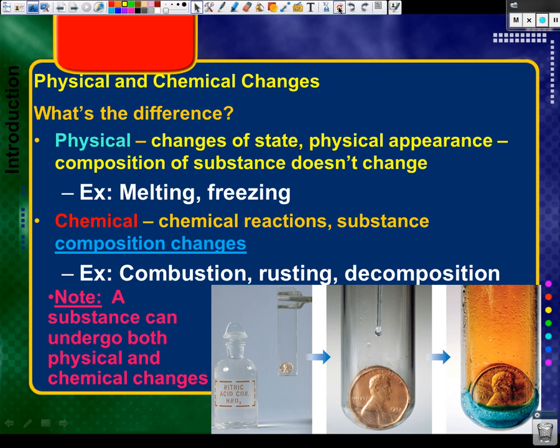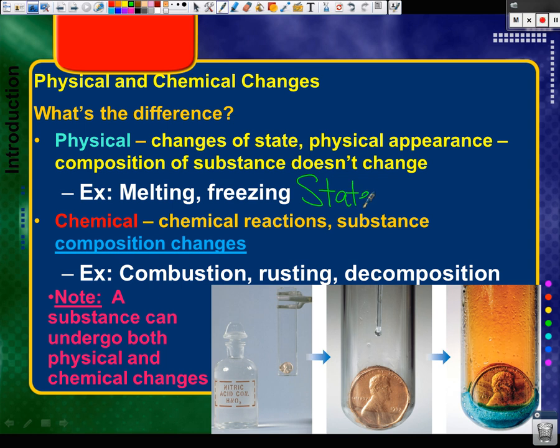Okay, so physical and chemical changes. What's the difference? We've already talked about this. So a physical change is a change of state or physical appearance, but the composition of the substance does not change. An example is freezing or melting. So do me a favor, out beside this, and I keep saying this for a reason: the state of matter. If the state of matter changes, it's still the same stuff.